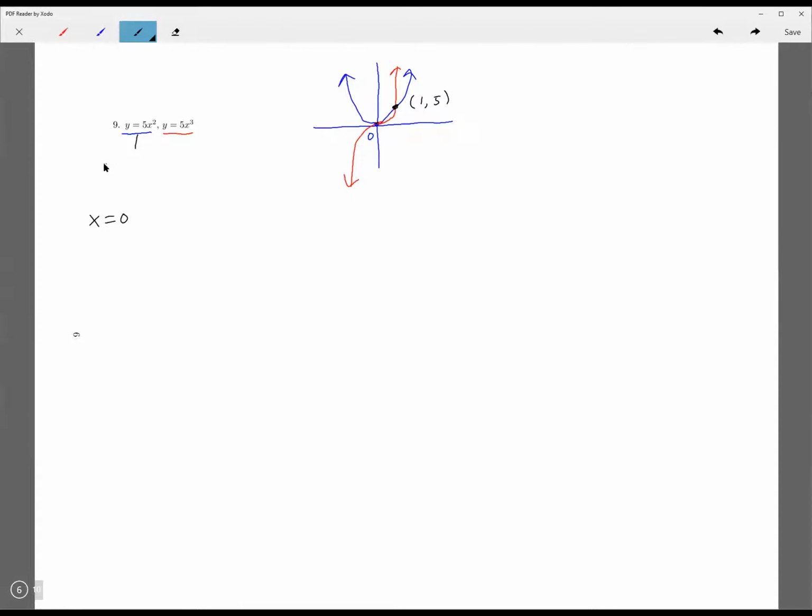So that's the first thing we need to do. So dy/dx for the first one is, what's the derivative of that? 10x. Yeah, good. And then the derivative of this one? 15x squared. Yes.